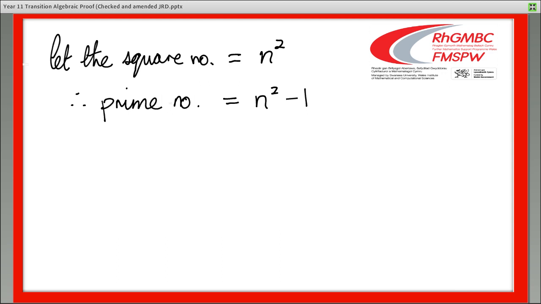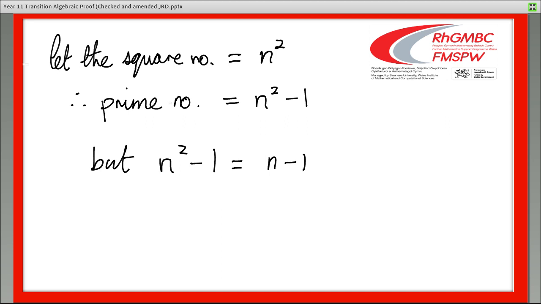Now, those of you that can remember from your GCSE course, I think a lot of staff introduce it or call it by the time you get used to it, the difference of 2 squares. And that's exactly what that prime number is. We've got n squared minus 1.